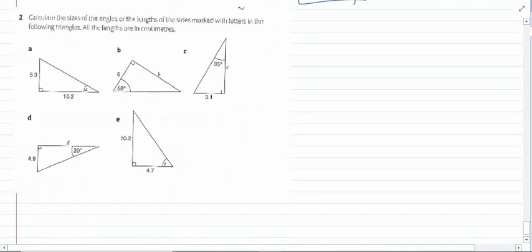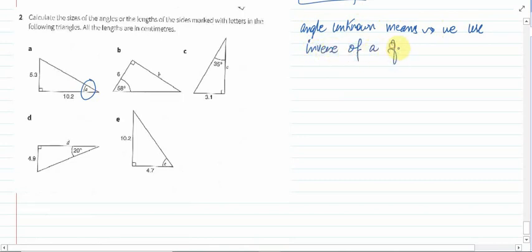Now in this question, if you highlight, the angle is unknown in all the questions, and we know that angle unknown means we use inverse of a function.